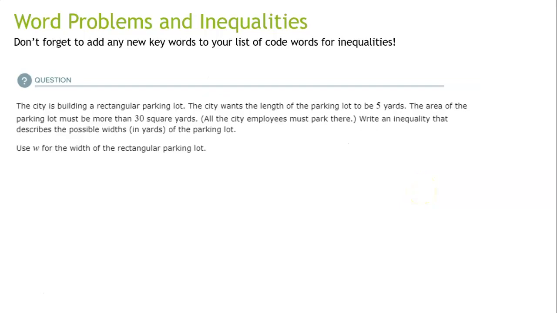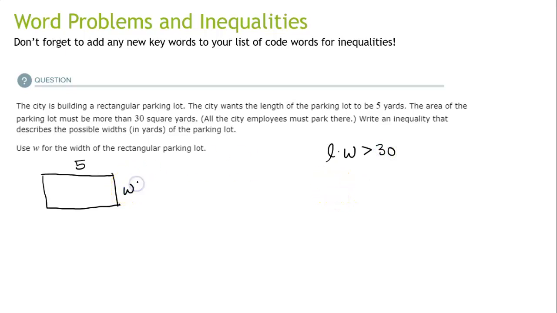All right, the city is building a rectangular parking lot. As soon as I see that word rectangular, I start making myself a picture. The city wants the length of the parking lot to be 5 yards. The area of the parking lot must be more than 30 square yards. Well, remember, area is length times width, and I want that to be more than 30 square yards.